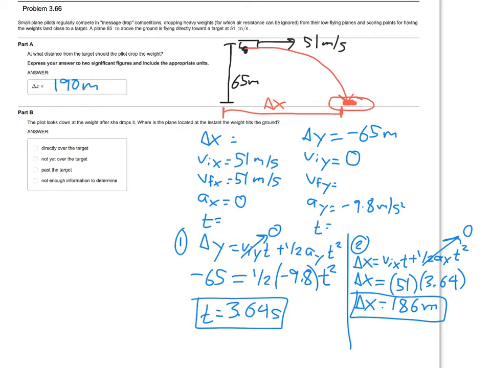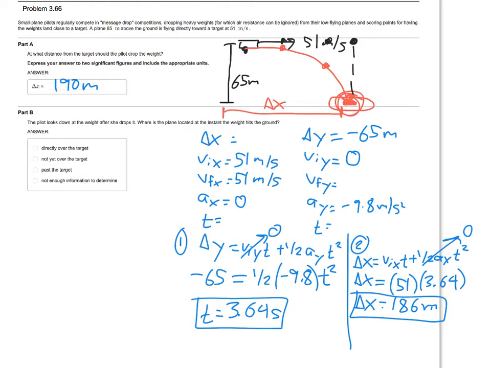Second question is asking about the location of the pilot when the package hits the ground here. So what we want to keep in mind is the package is traveling at a constant speed in the x, and so is the pilot. So every single time that the package has traveled some horizontal distance, the pilot has traveled that same horizontal distance, which means that when the package hits the ground here, the pilot is going to be directly above the package.